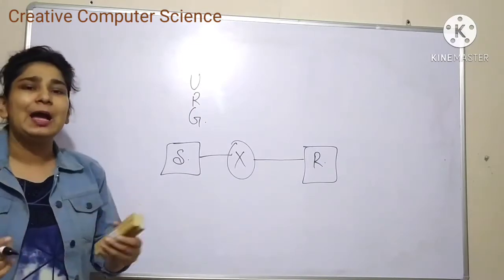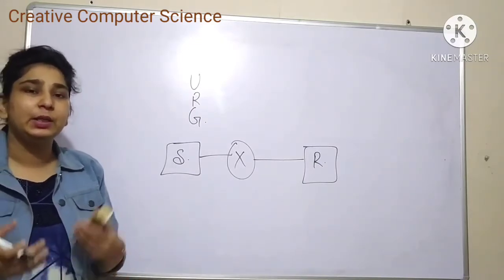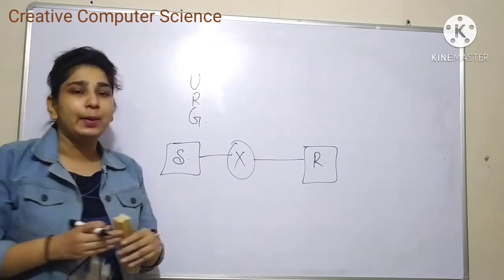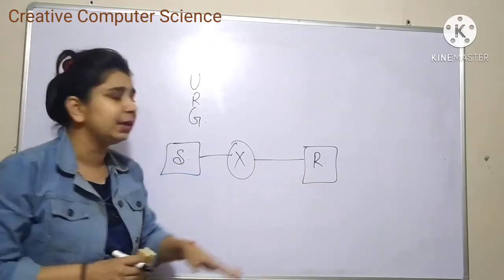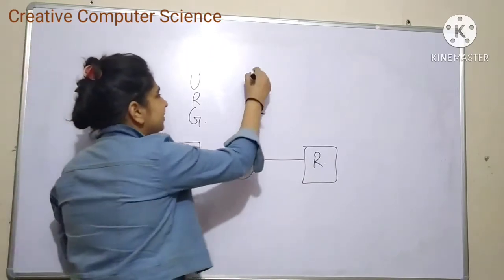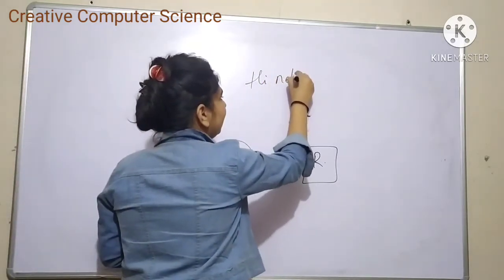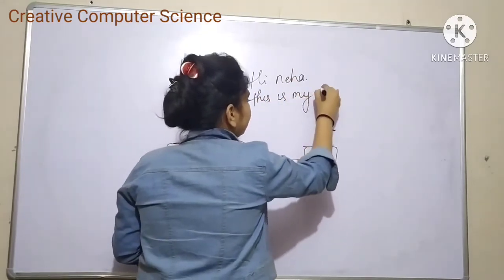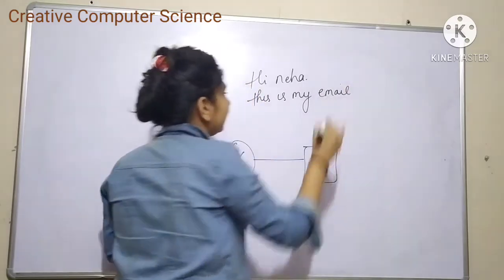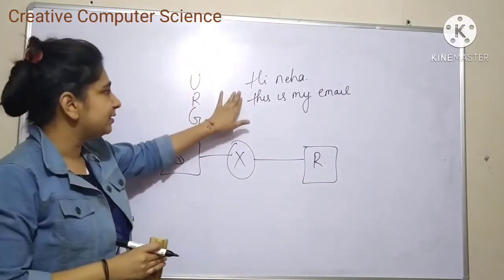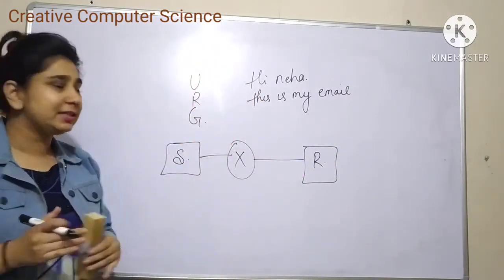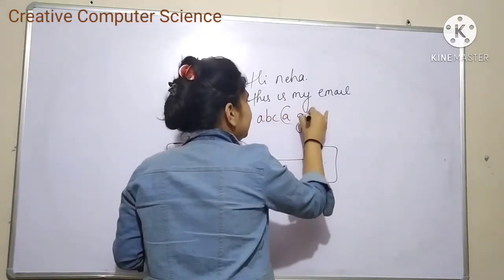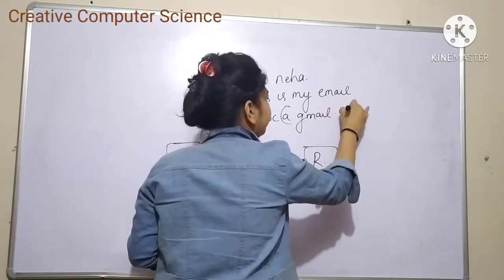Okay, and the sender is sending some data to the receiver, and we have some urgent data present within the message. What I mean to say is, let's suppose I want to send some message to the receiver. I am sending the message, hi Neha, this is my email, abc@gmail.com.